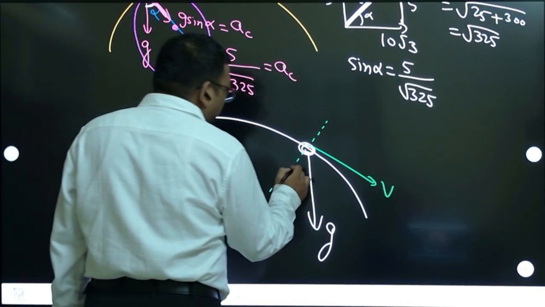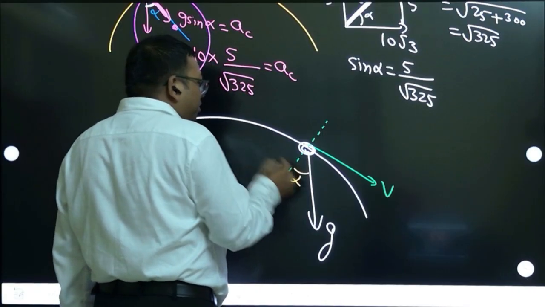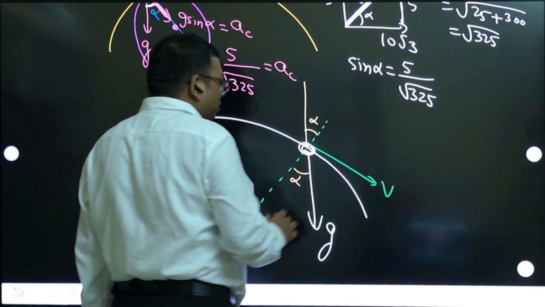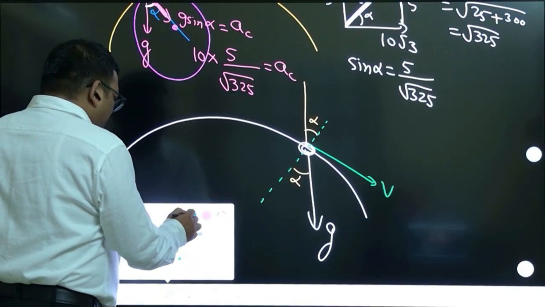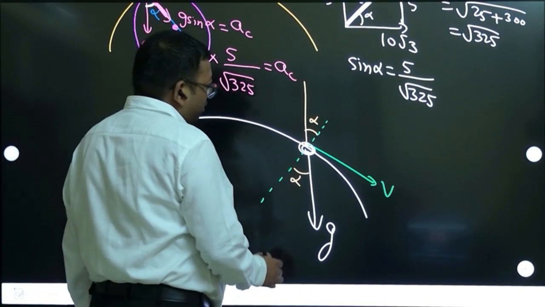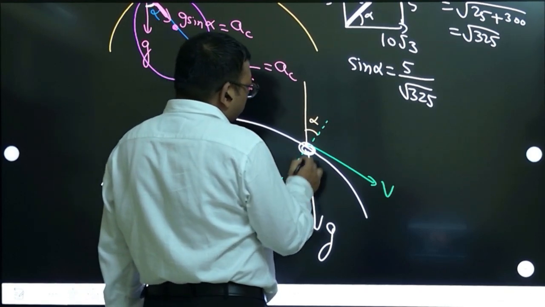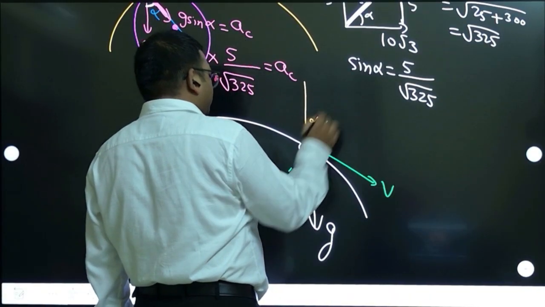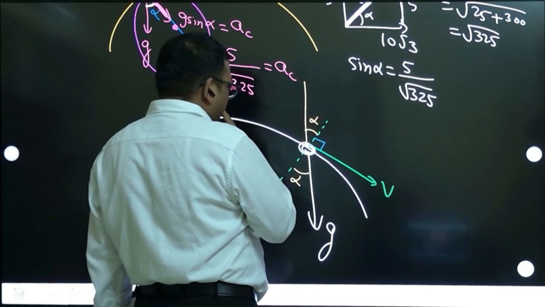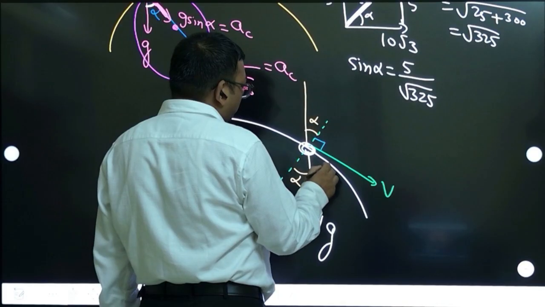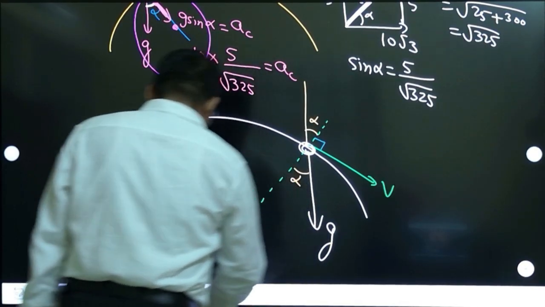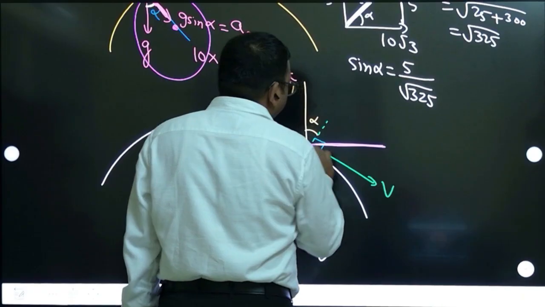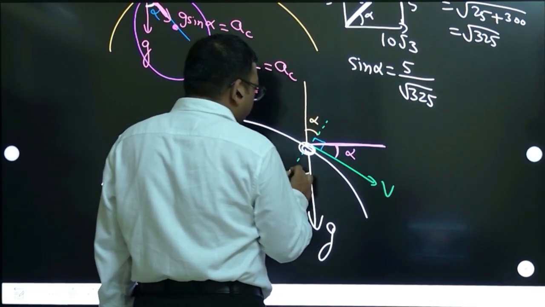So now we need to think about what alpha is. If this is alpha, this line of course is vertical, so this is also going to be alpha. And definitely this will be 90 degrees, correct? Because this is the radial line and this is the tangential line. If I make a horizontal line, will it also make the same angle alpha?